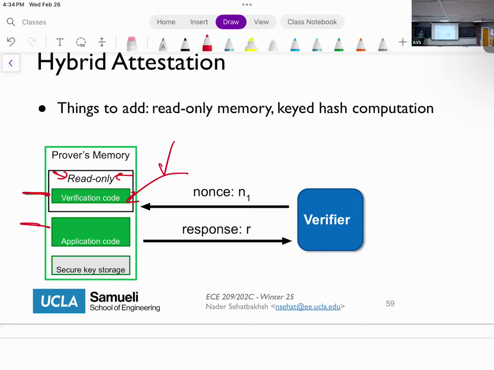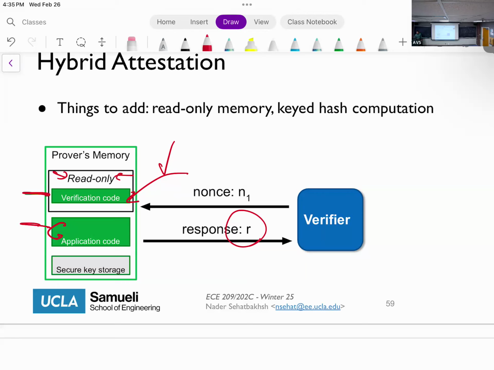All we need to do is just call this function, and this function will compute the hash of the application code for us, and it will send us the response, right? So the problem is now significantly easier to solve because essentially I'm guaranteeing you that this verification function is always correct and it always runs correctly. All we need to do now is ask the verification code to hash the rest of the functions for us.